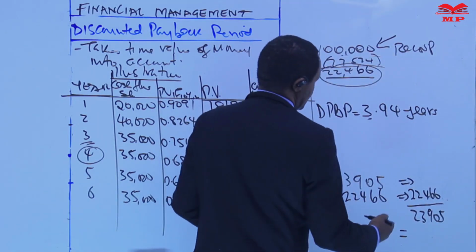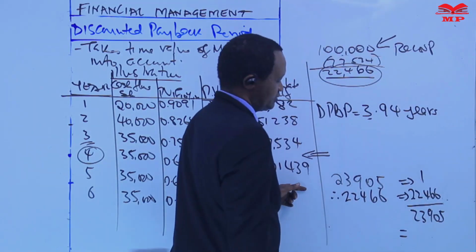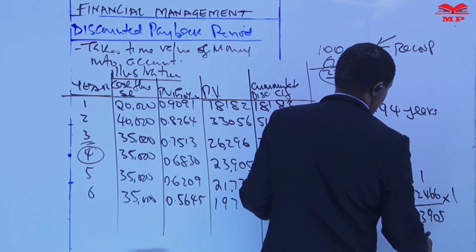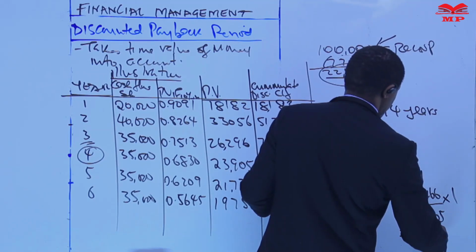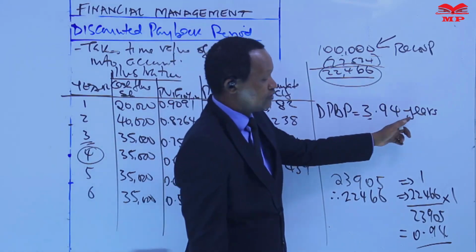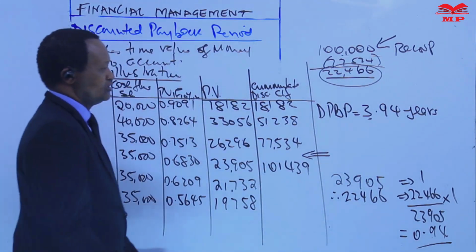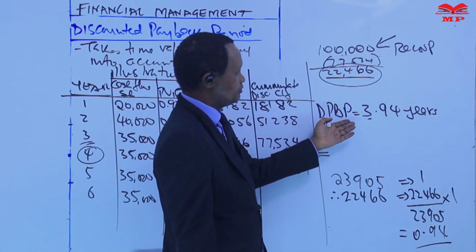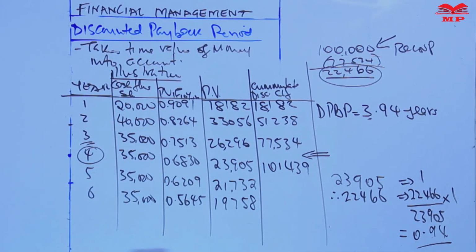So 23,905 represents 1 year, and 22,466 will be 0.94 years. But this 0.94 you can also convert into months and days. However, this is sufficient. The discounted payback period is 3.94 years.